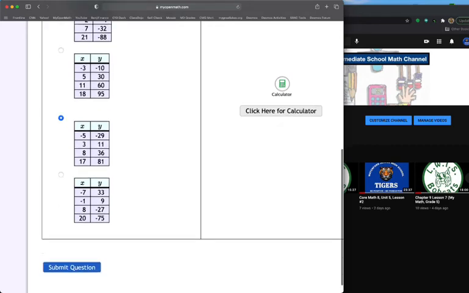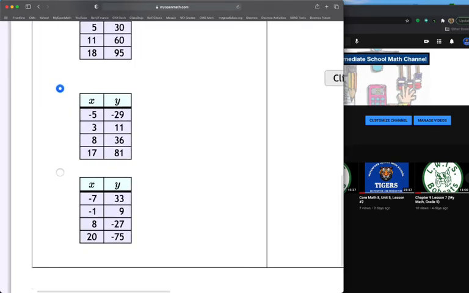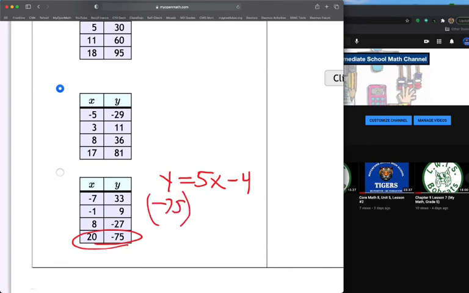And now I'm going to check the last table. So once again, our function is y equals 5x minus 4. Just for the heck of it, I'm going to take the fourth value this time. The y value is negative 75.